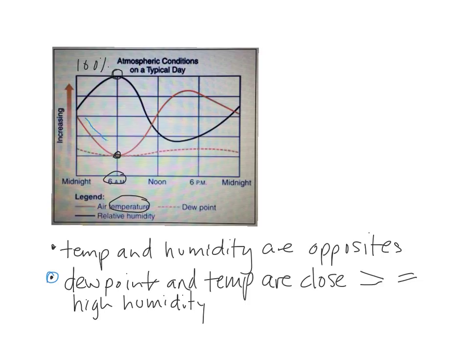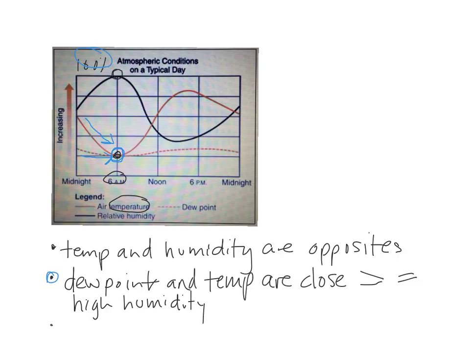Okay, so temperature is trending down, dew point is fairly steady, and when those two meet, when they are so close that they meet or even temperature dips below, like our problem was today, you can see that at 6 a.m., when they're really close, again, that's when we have our highest humidity at 100%.